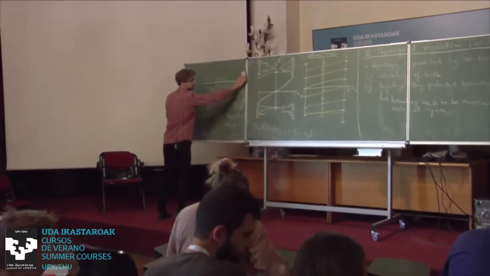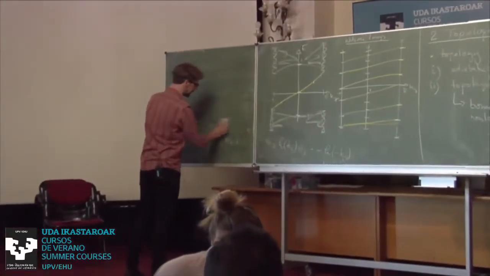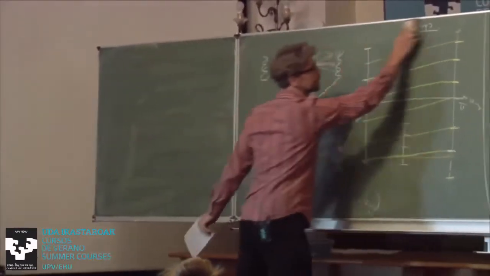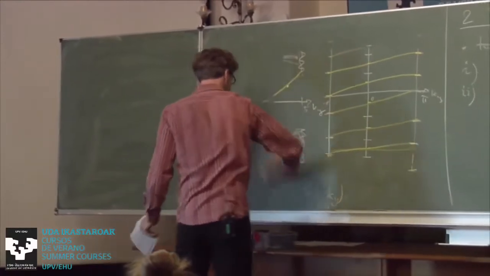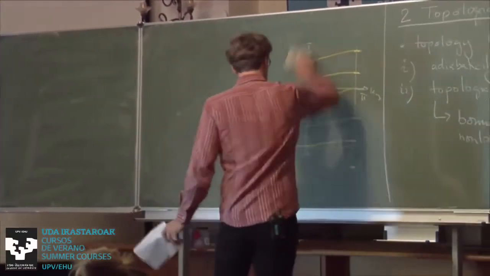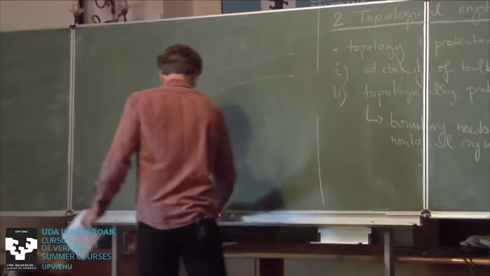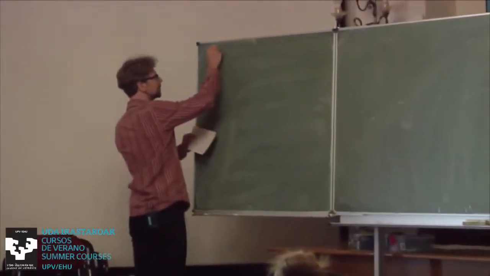So the second point that we are interested in can only appear in two dimensions or higher, where there is some notion of locality also on the boundary. And so let's go for the simplest possible example, and that is in 2D.